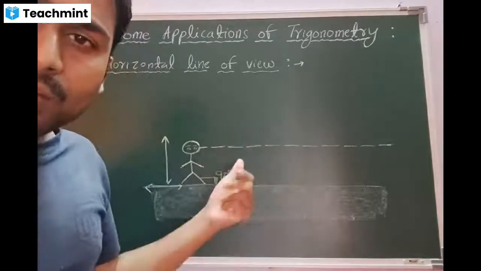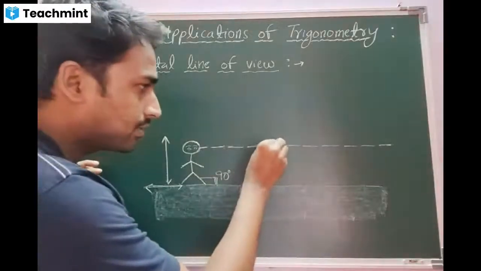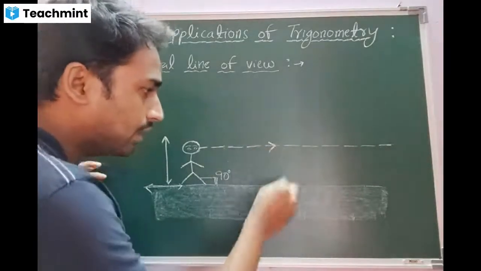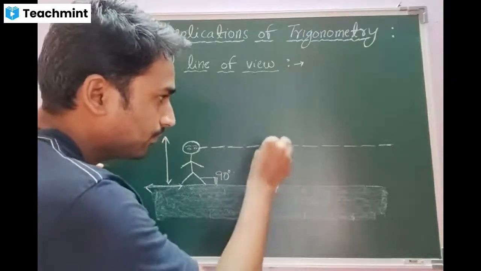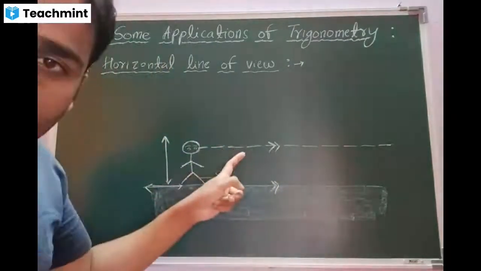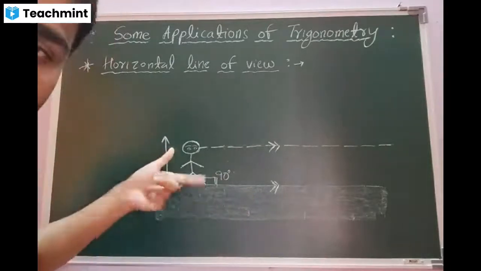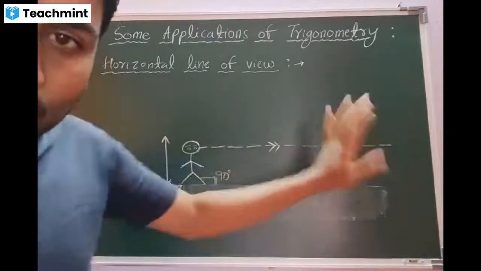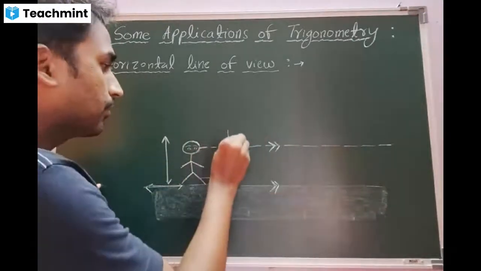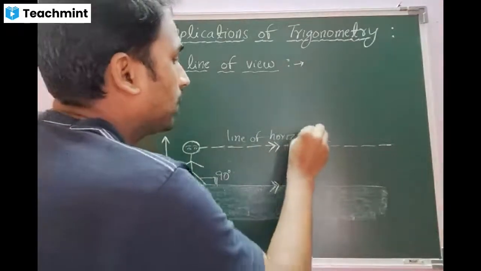What is the speciality of this line? Observe. This line of sight is exactly parallel to the ground on which the person is standing at right angles. So, such a line of sight will be referred to as the line of horizontal view.